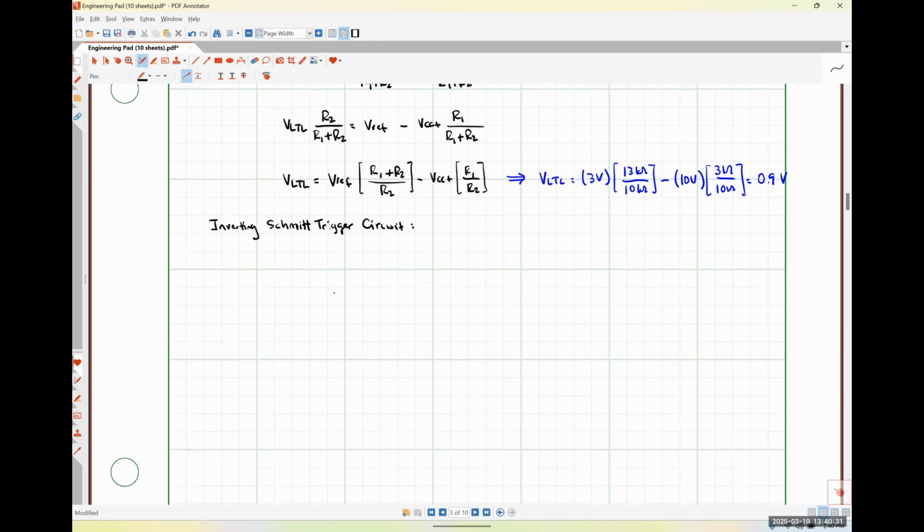So my circuit should look something like this.